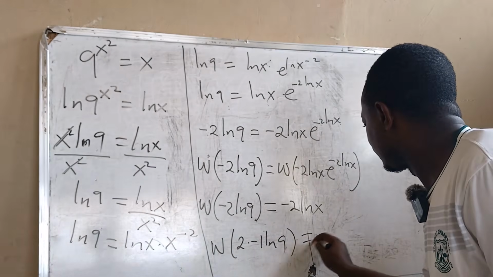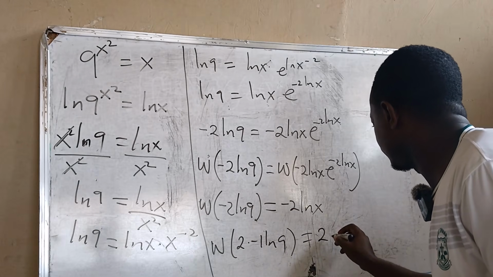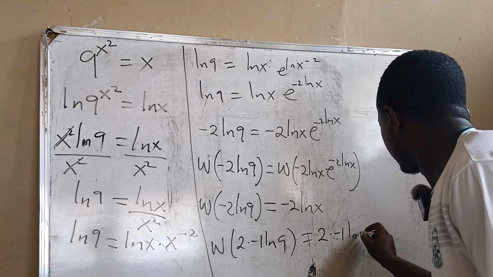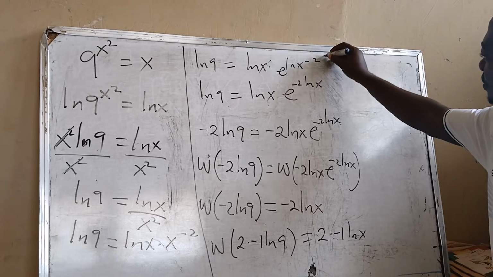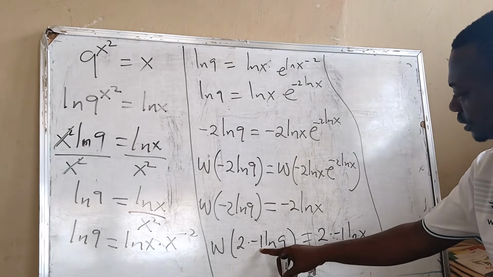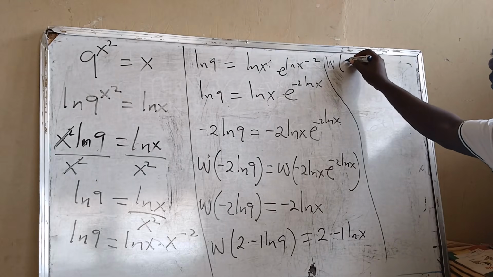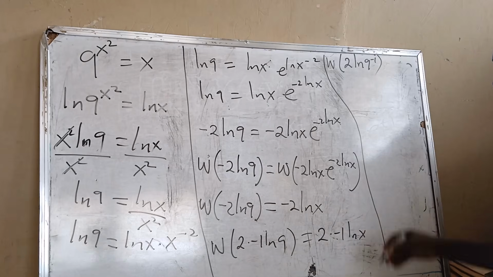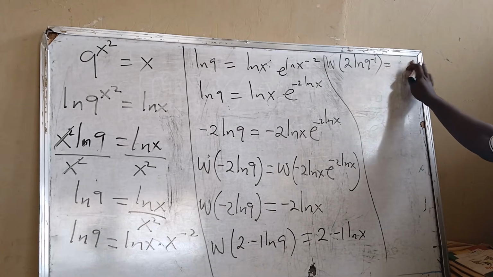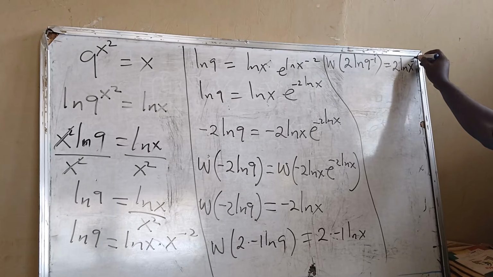And this one is the same as 2 times minus 1 ln of x. So from here, this one will come here. That will be the W function of 2 ln of 9 to the power minus 1 equals 2 ln of x to the power minus 1.